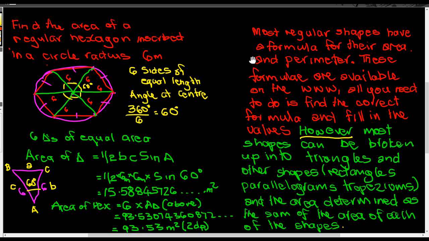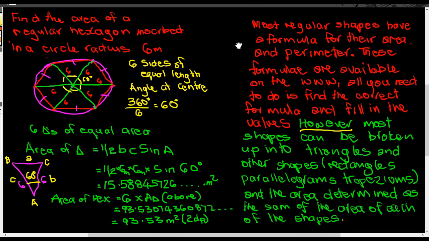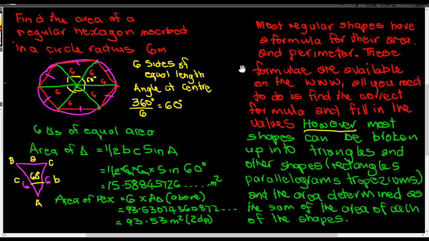So filling in the information we know, it's half times 6 meters times 6 meters, being B and C, times sine 60. And we do that on our calculator, and we should get something like 15.588. At this point here, I've written down the number that comes out there, but I've still retained that in my calculator and then carried it forward.